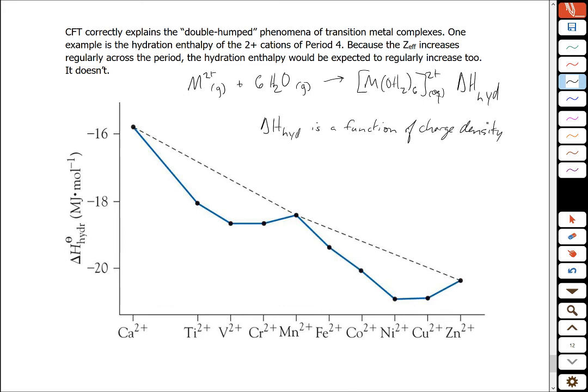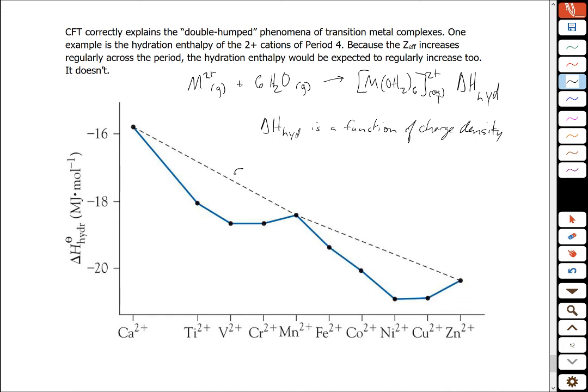Okay. Hydration enthalpy being a function of charge density, as charge density increases, we get stronger bonds to the ligands. We're going to release more energy. We're going to have a larger hydration enthalpy. And so that's what this dotted line shows.